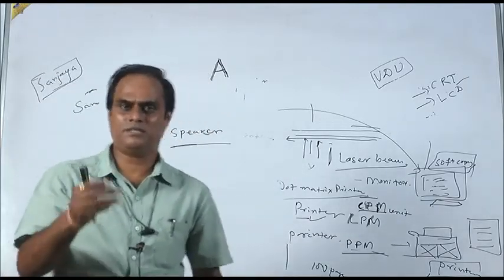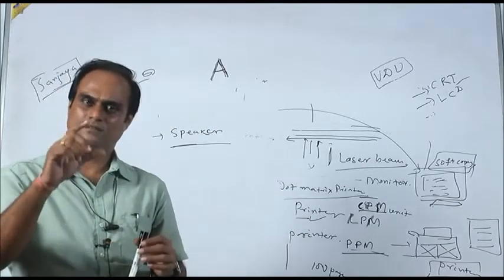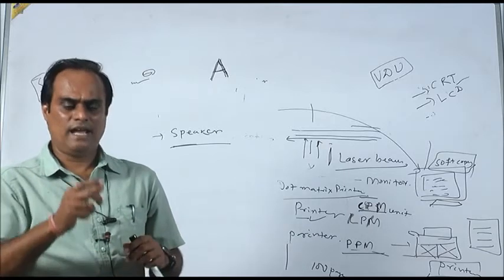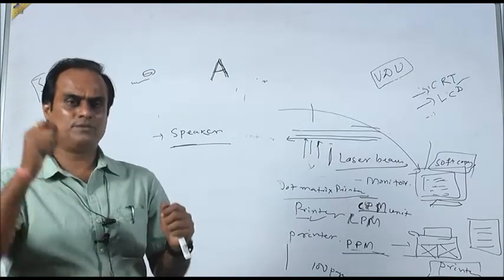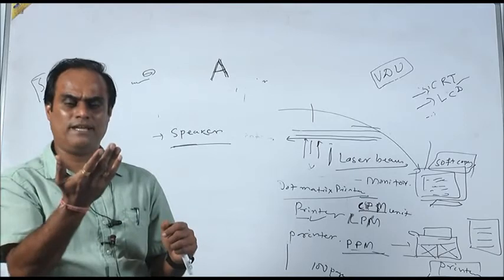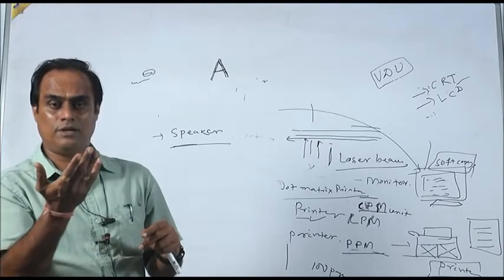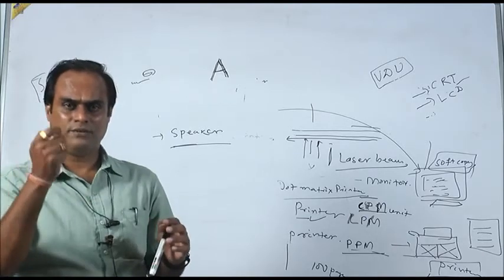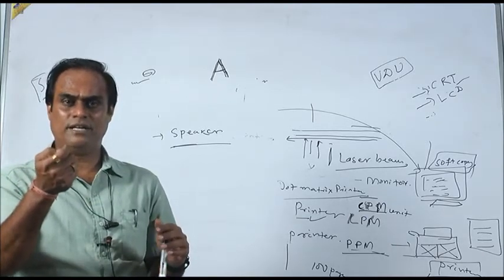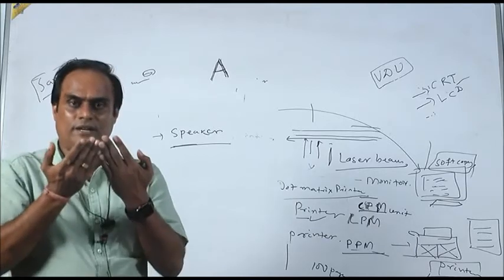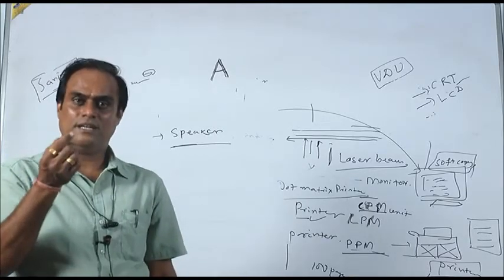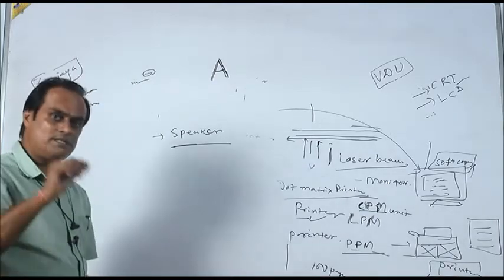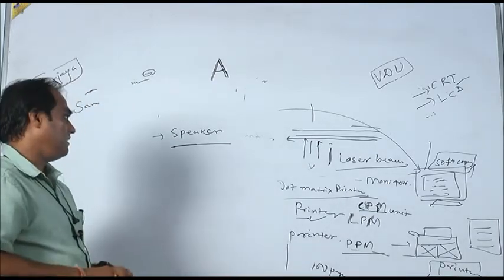What is it for? Suppose we generally use our mobile phones, yes or no. Suppose we are listening to something or playing something, so you are getting audio. Audio means you are listening to a song, or you are watching some video. Whatever audio you are getting is played through one speaker. So, the speaker is one device.